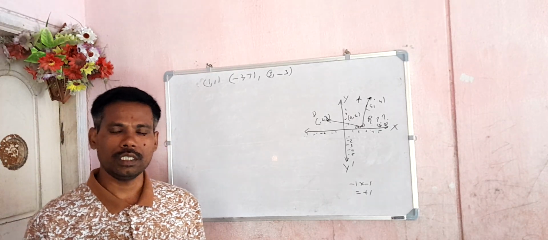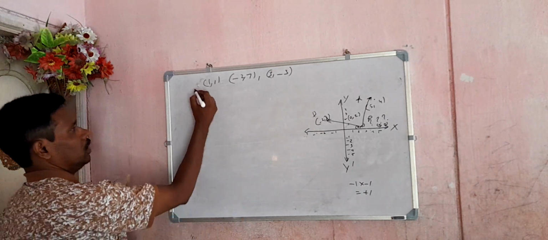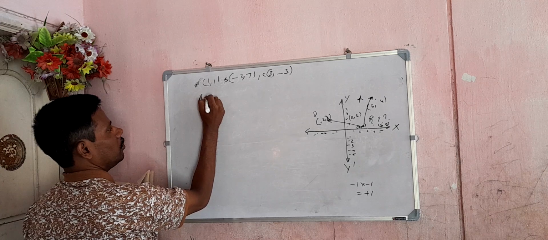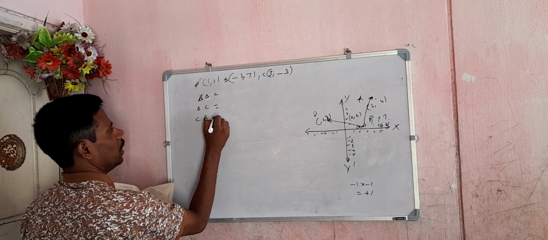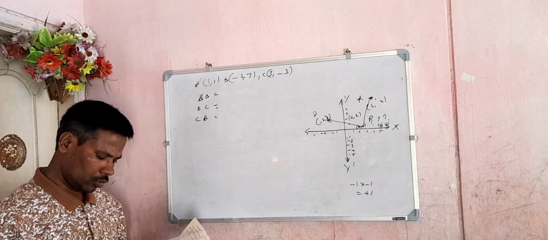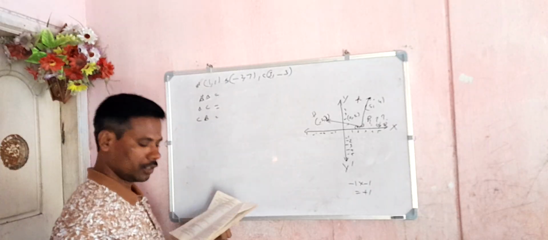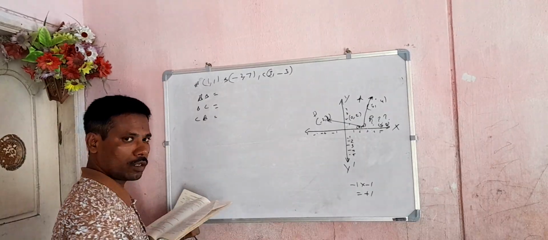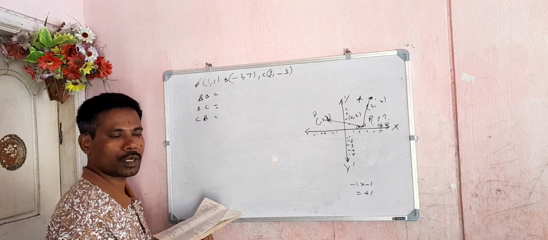Collinear means what I said, they should lie on the same line. That means find the distance. Let's mark this as A, B, C. Find the distance between AB, find the distance between BC, find the distance between CA. So I will just write the answer because it is very time consuming if I do all the steps and solve by applying the formula.